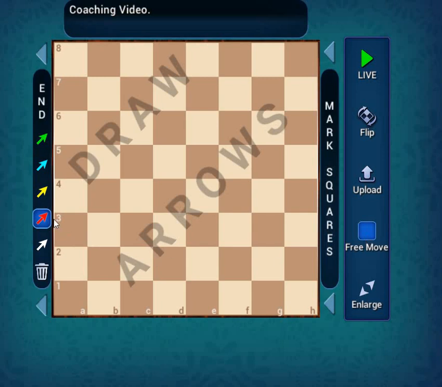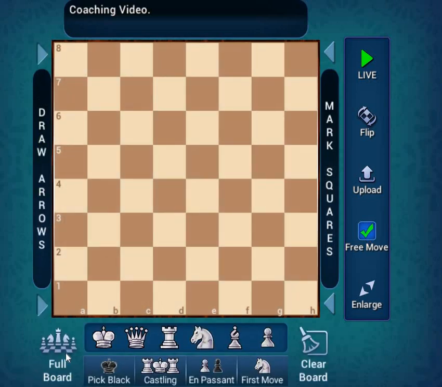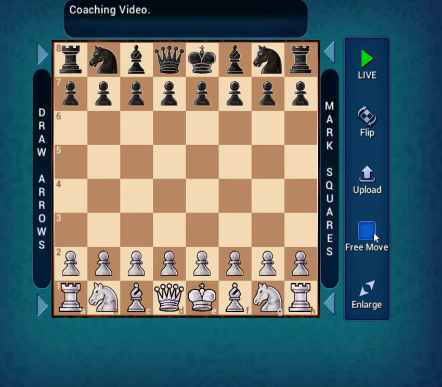So if you divide the chessboard exactly into two halves, you get the white side of the board. So I'll just arrange all the pieces. So it's very easy now. The side where the white pieces are is known as the white side, and the side where the black pieces are is known as the black side of the board.